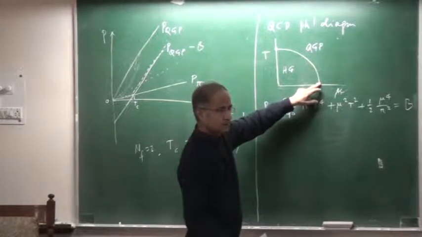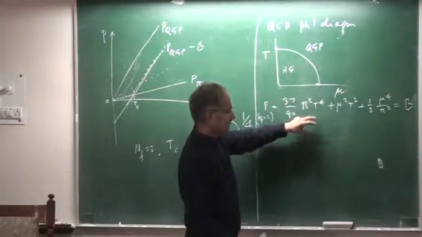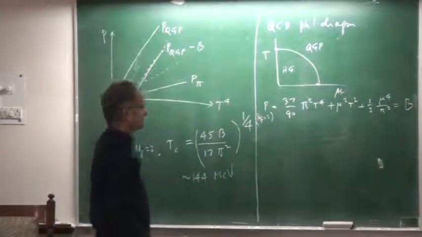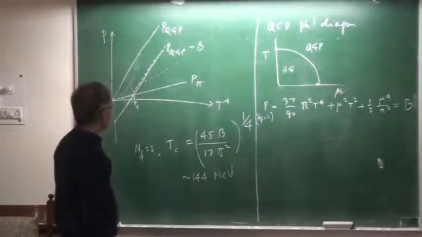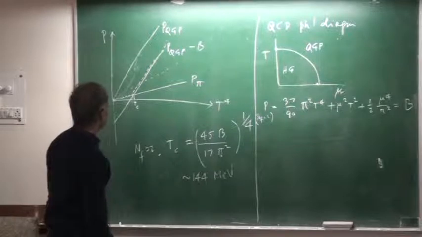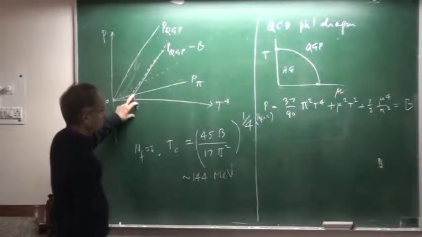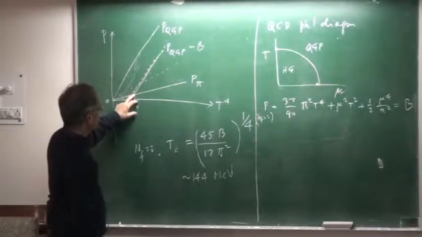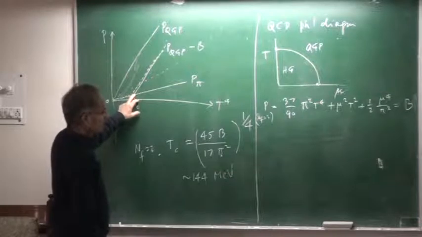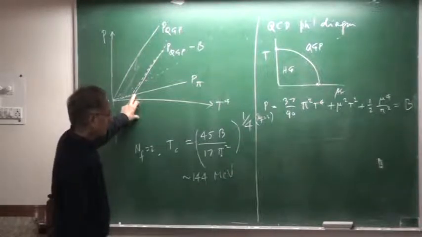P_QGP is B, not P pi. I'm not talking about P pi here.